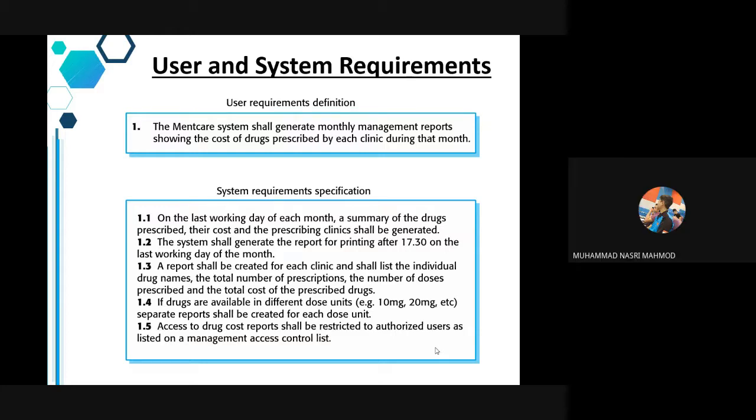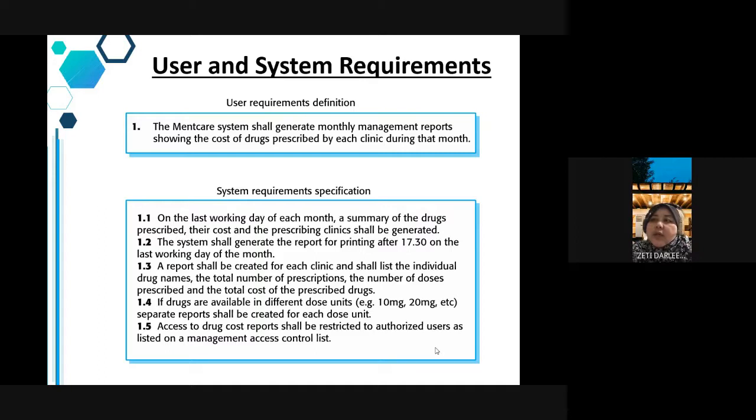Work breakdown structure. Alright, work breakdown structure. Siapa tu ya? Tak nampak saya. Nasri. Alright, okay, good. Very good. So work breakdown structure. So from that understanding, katakanlah klien kita cakap, kita nak monthly generate report untuk drug prescription on each clinic. That is what they want.